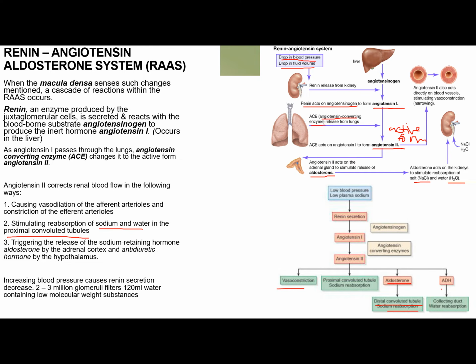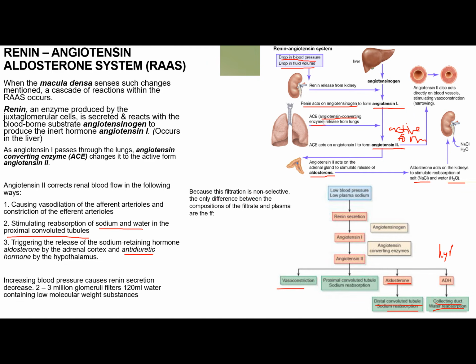And then ADH would be produced by the hypothalamus. ADH, class, is known as your antidiuretic hormone, responsible for collecting duct water reabsorption. So please remember the locations: sodium reabsorption related to aldosterone is in the DCT, while water reabsorption by ADH is in the collecting ducts.